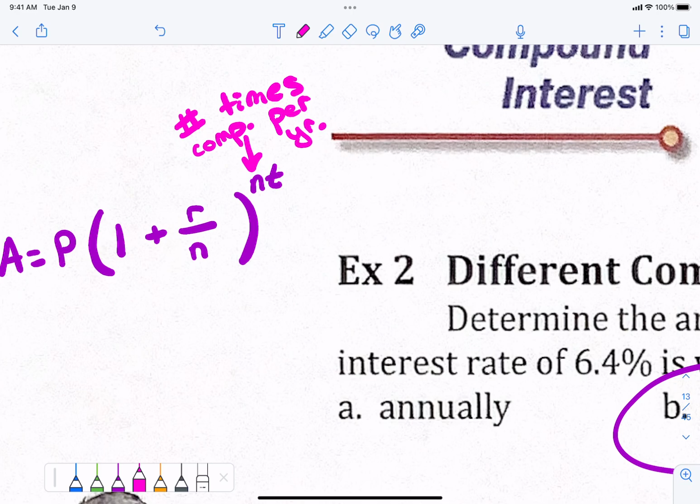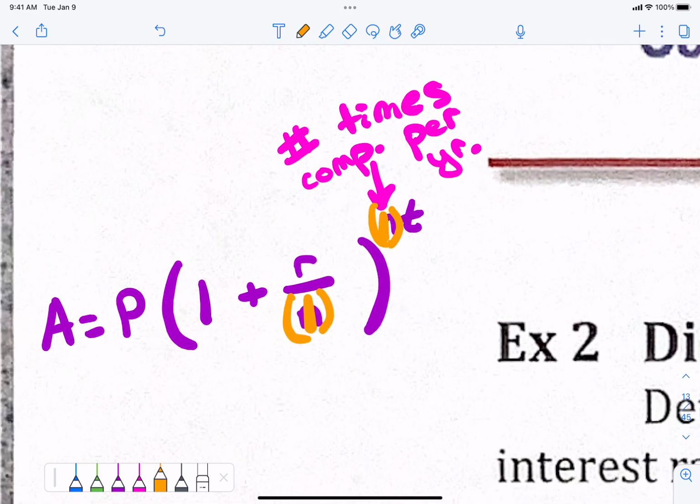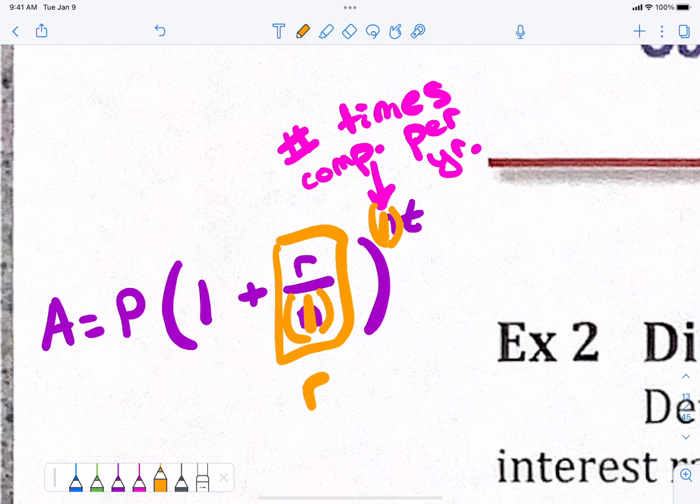So just FYI, when we were doing annually, what is n for annually? 1, one time per year. If I plug 1 in for n, what is r divided by 1? Just r, right? And 1 times t just comes out to be t.